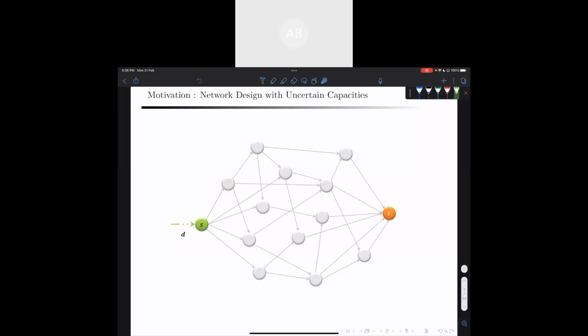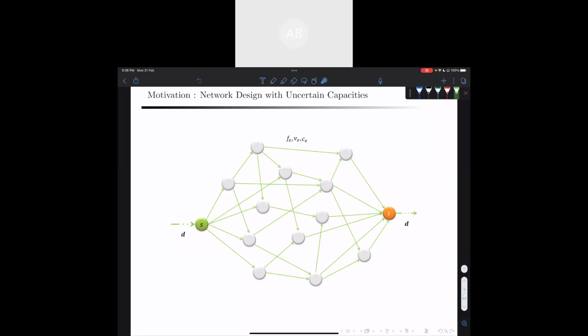This is a very well-known hard problem. It generalizes the Steiner tree problem. It's an NP-hard problem, which is to say that the solution times grow exponentially with respect to the size of the data of the problem.